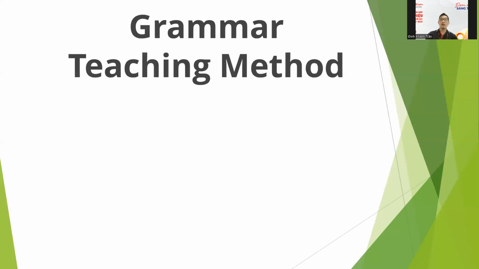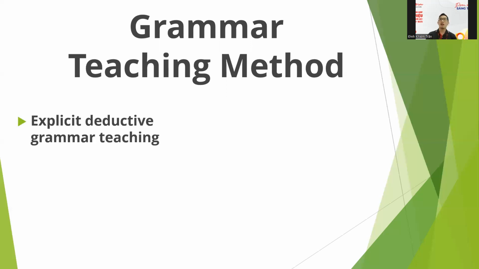Okay, and another thing is the grammar teaching method. When we talk about the GTM, the Grammar Translation method, it is explicit deductive grammar teaching. That means the teacher will go from the general to the specific.